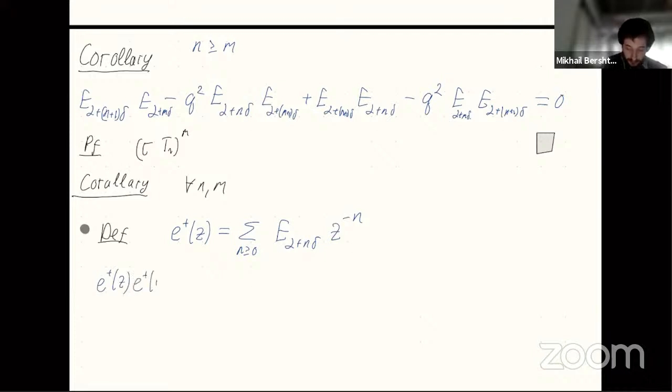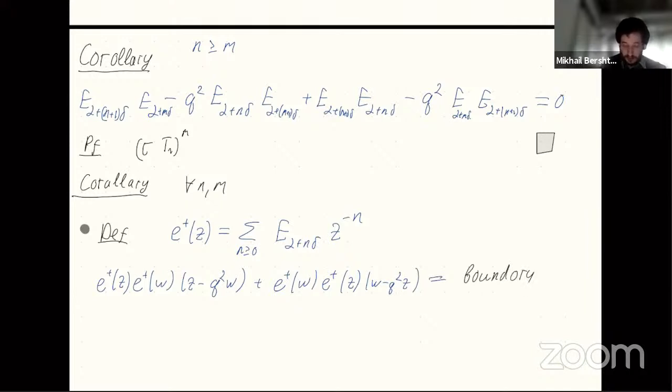e plus of z, e plus of w, times z minus q squared w, plus e plus of w, e plus of z, equal to, I actually wanted to say equal to 0, but it's not really 0, and I write boundary term. It means that these series are series in the negative powers in w.